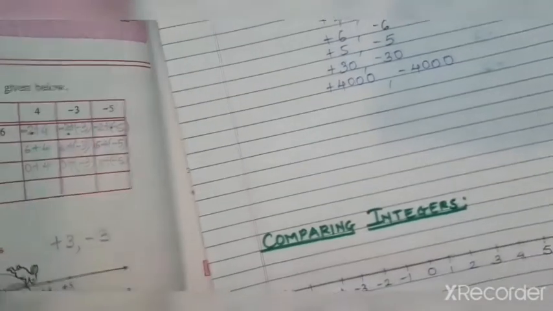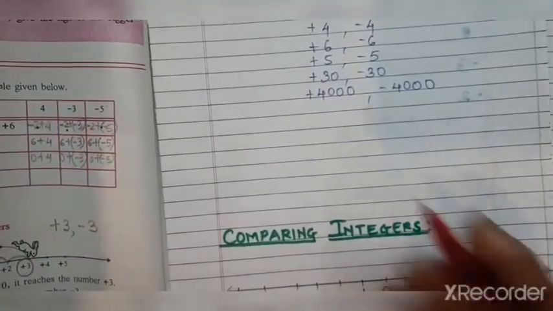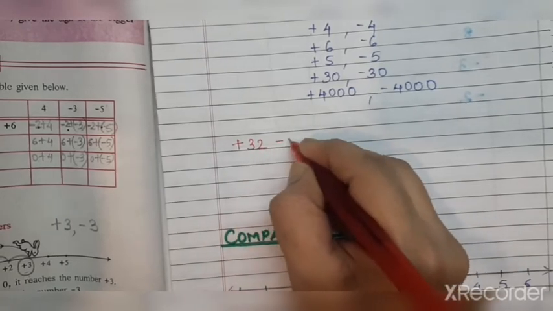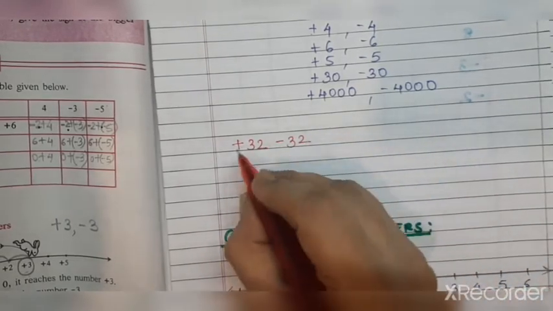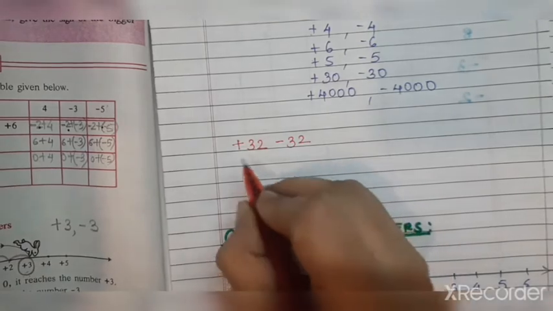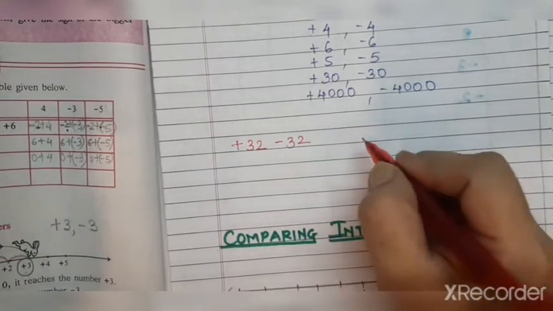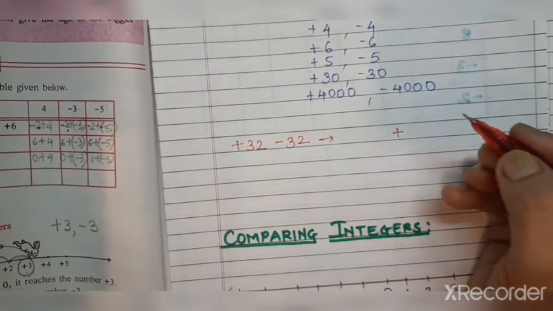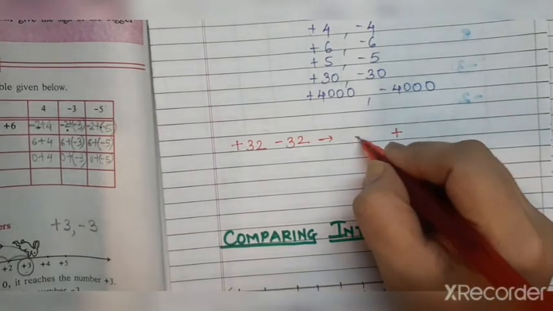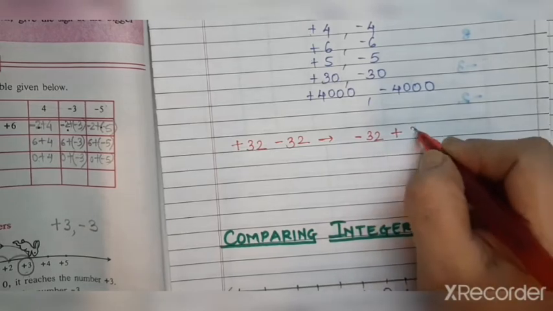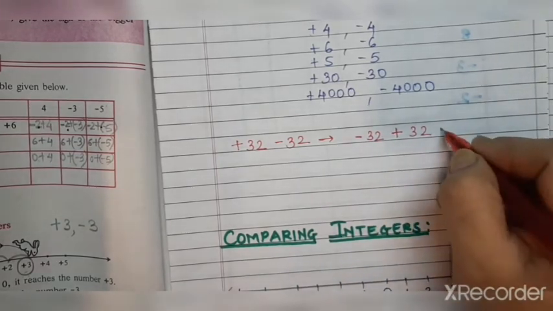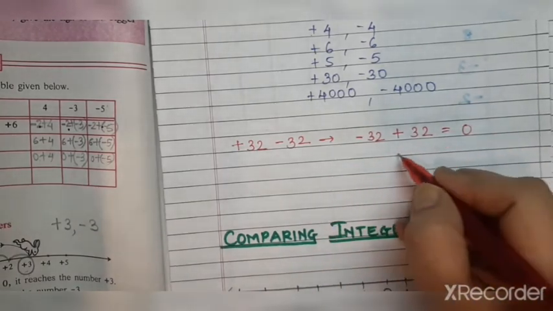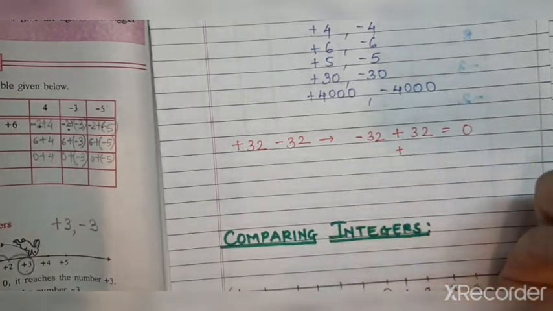If I take positive 32 and negative 32, these are two opposite numbers. When I take the addition of these two opposite numbers, the answer is 0.